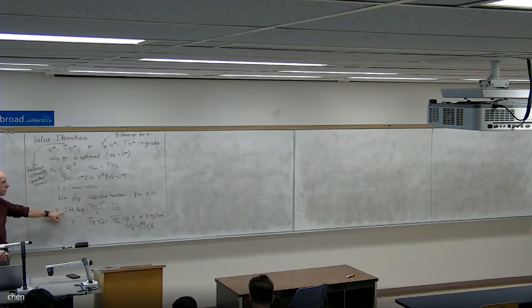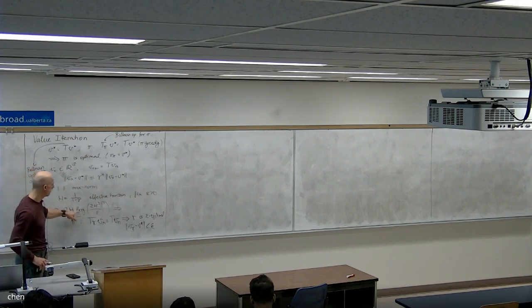This is the number of iterations that we need to run this procedure for. It's basically proportional to the effective horizon and proportional to the logarithm of the reciprocal of the precision.